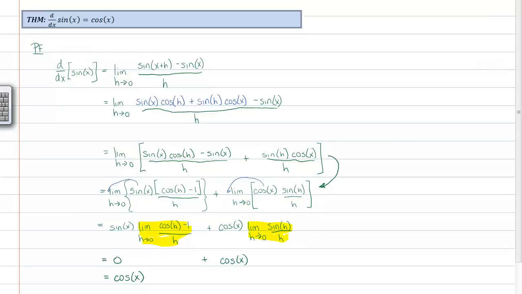If one of them turned into infinity or negative infinity or just didn't exist at all, then I would have to rewind back to this step right here and somehow work with the limits. No, I wouldn't be able to split them. Very, very important to mention, because if you start splitting limits without checking to make sure that those splits are finite, you're going to get in a lot of trouble.